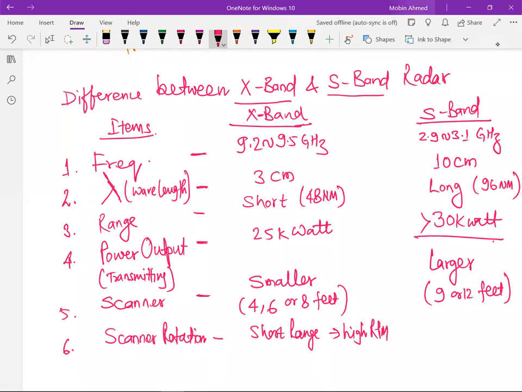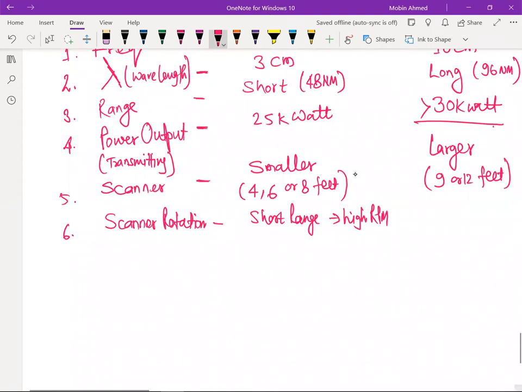And if it is a long range, it is going to have a slow RPM. We need to select the range, so as per that, RPM is going to vary. So for the long range, it is going to have the slow RPM. Remember this one?